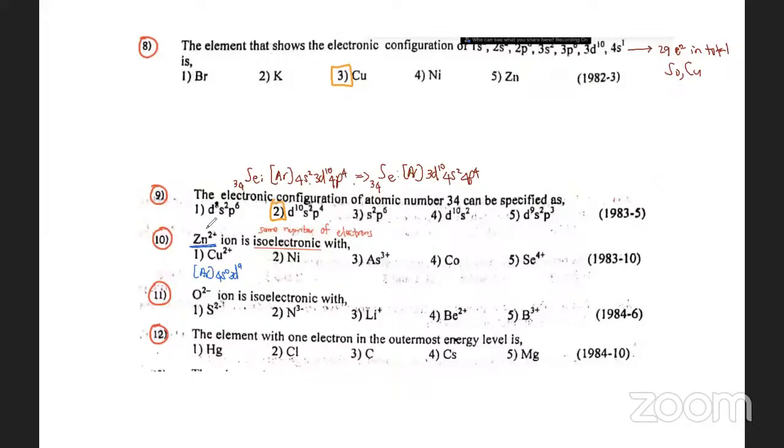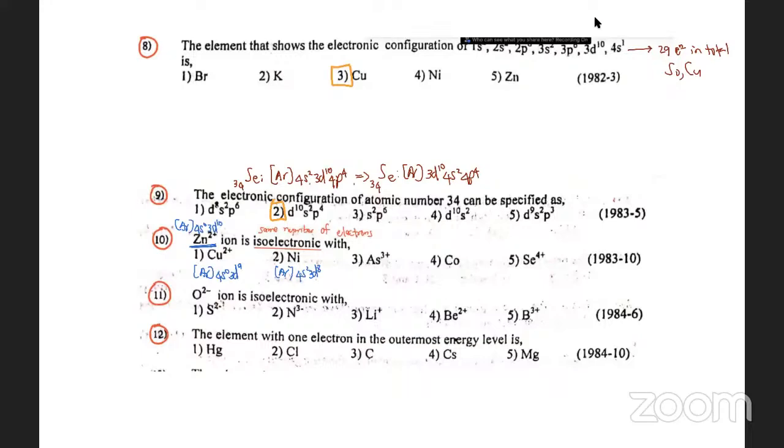When you take zinc 2 plus, its electronic configuration goes like until argon 4s0 3d10. Correct? Nickel obviously not, because until argon, nickel 4s2 3d8. Isoelectronic means equal number of electrons it should have. I think it's nickel. Yes.